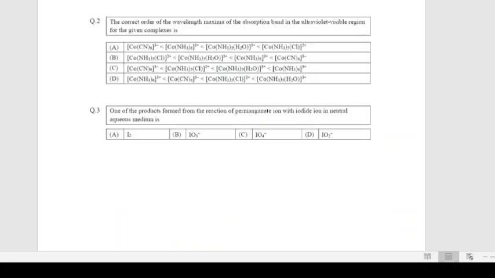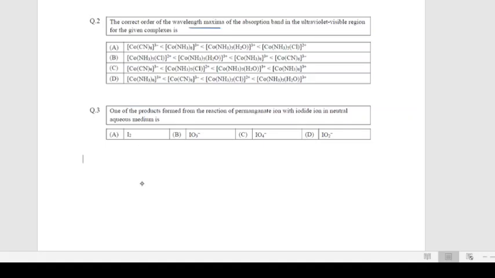Second question: the correct order of the wavelength maxima of the absorption band in the UV region for the given complexes. Here, if we observe the complexes, the ligand differs and they are asking for the wavelength maxima. If the ligand strength is less, it absorbs a longer wavelength, right?